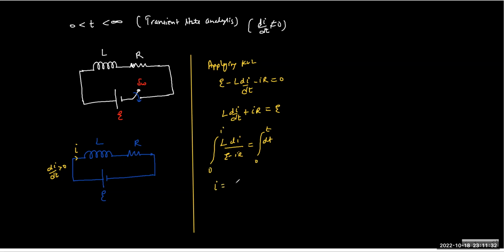So I turns out to be E by R times something like this, right?